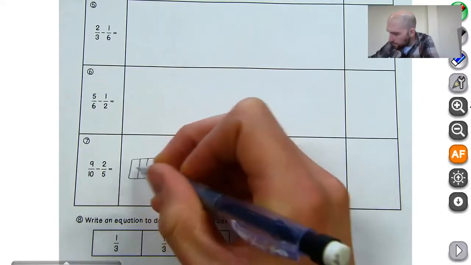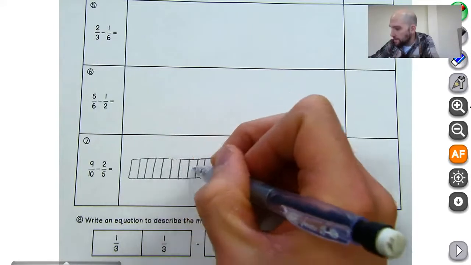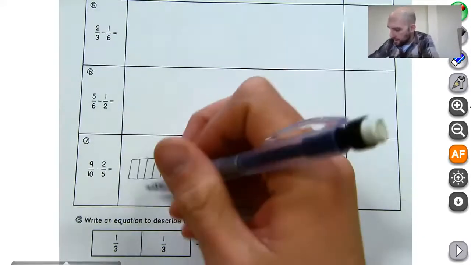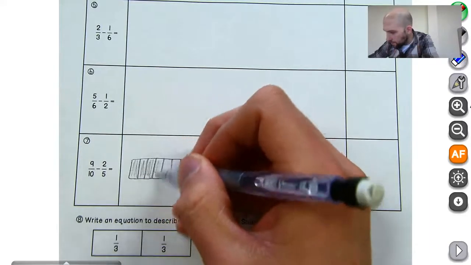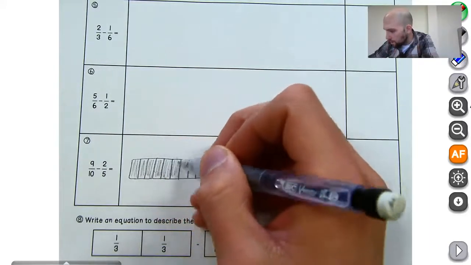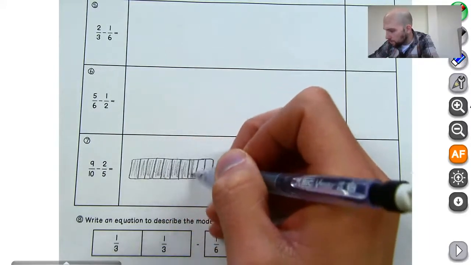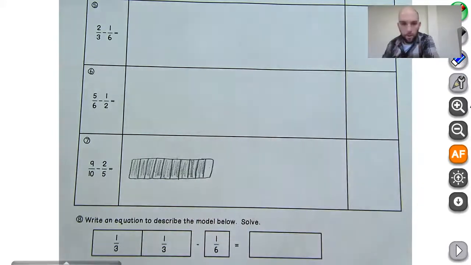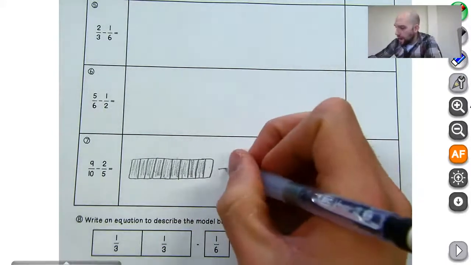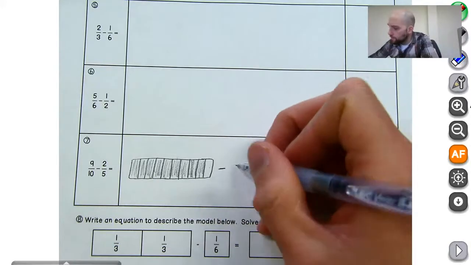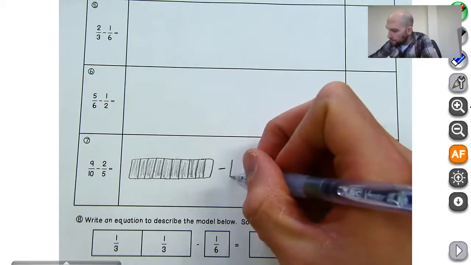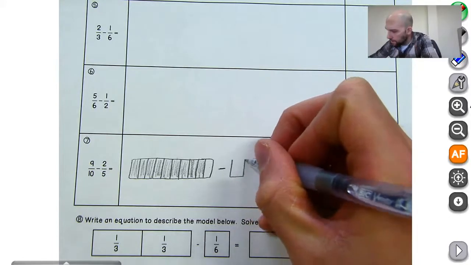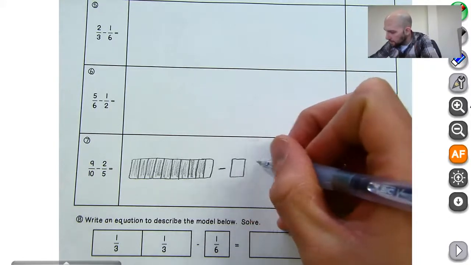So we'll make 1, 2, 3, 4, 5, 6, 7, 8, 9, 10 pieces. And I have 9 of those tenths shaded in. So all but one of them. And I need to subtract 2/5. So I have like about that size.